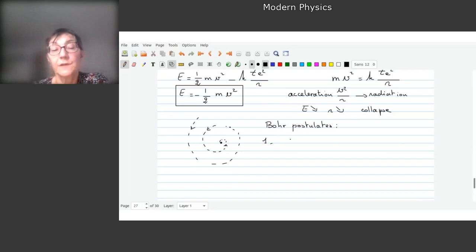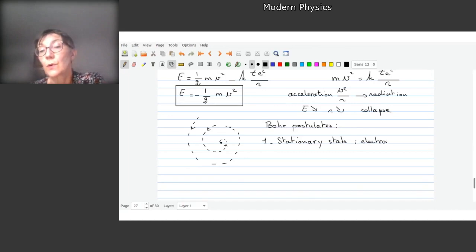The first one is the stationary state, stationary orbit actually. The electrons do not radiate when on a stationary orbit.